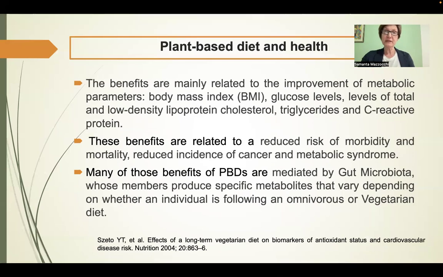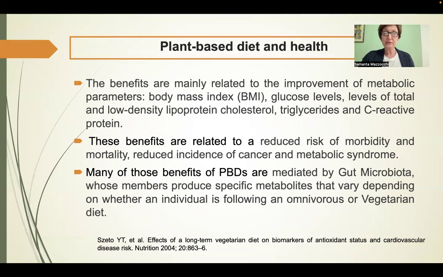The benefits are mainly related to the improvement of metabolic parameters, such as body mass index, glucose levels, levels of total and low-density lipoprotein cholesterol, triglycerides, and C-reactive protein.